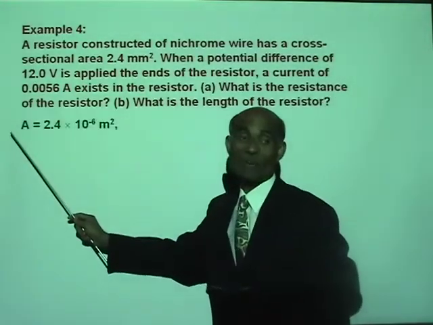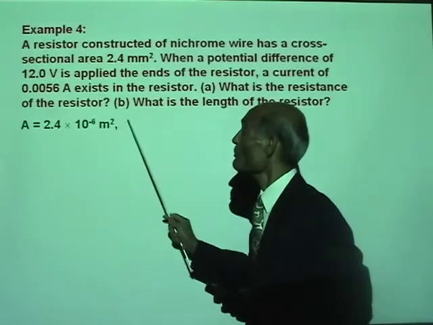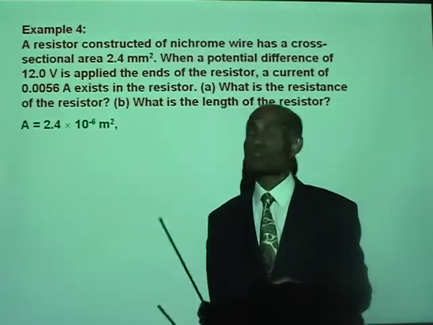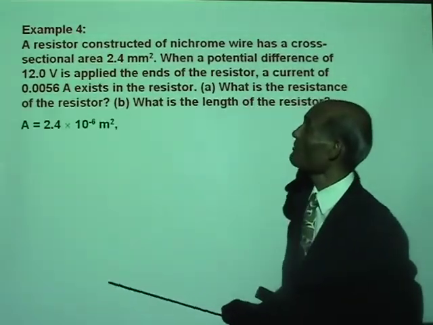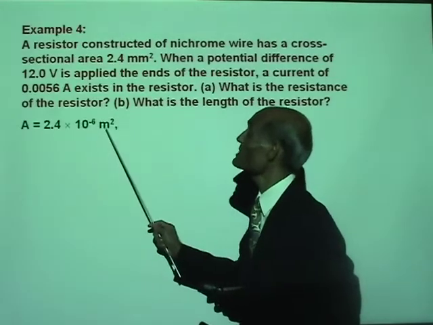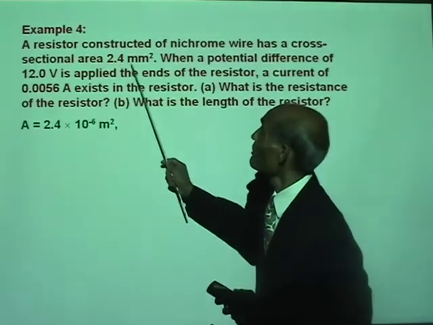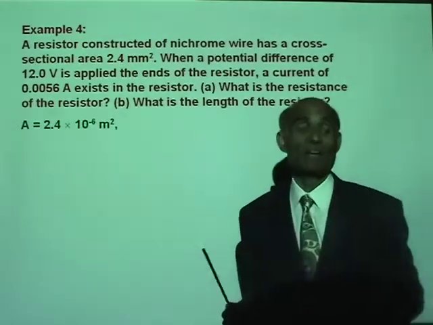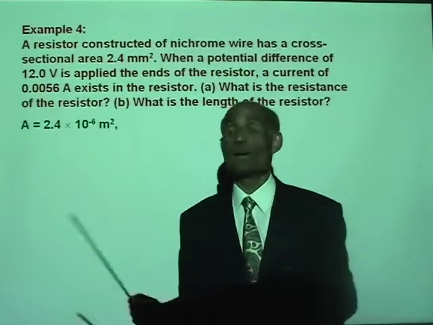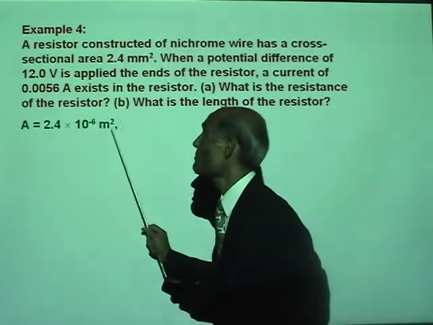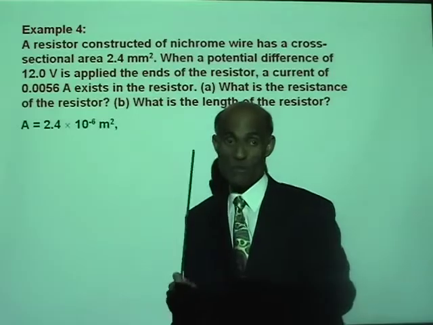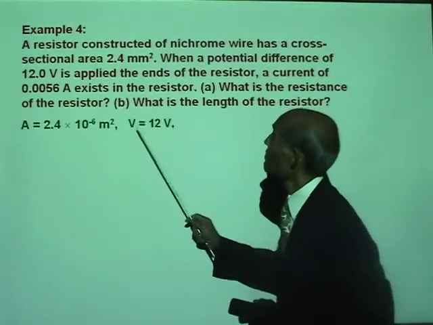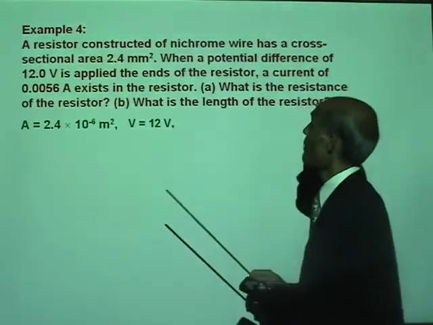So, let's write the data. The area of cross-section of the conductor, A, is 2.4 times 10 to the negative 6 meters squared. 2.4 millimeters squared converted to meters squared is multiplied by 10 to the power of negative 6. I hope you know that. The potential difference is 12 volt.